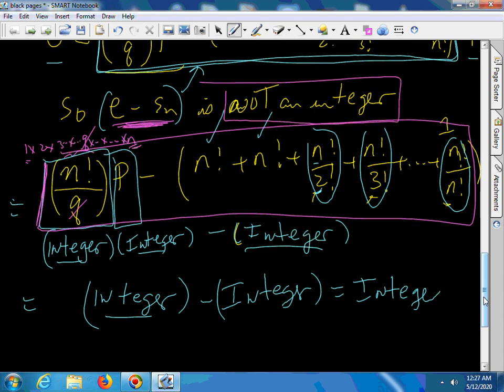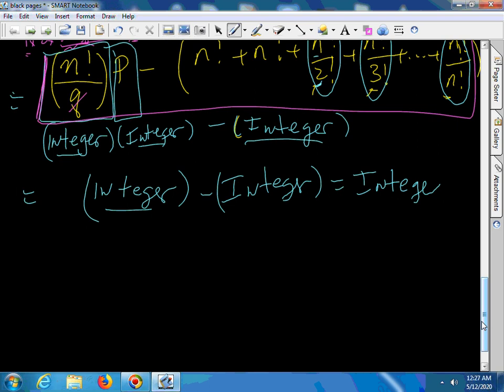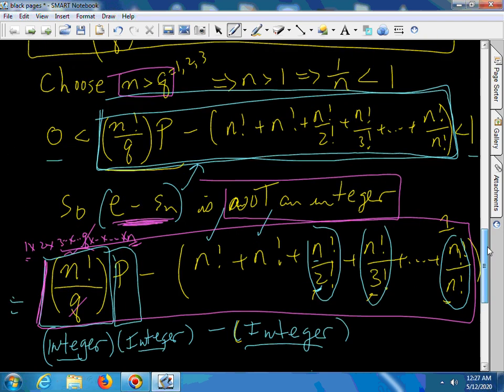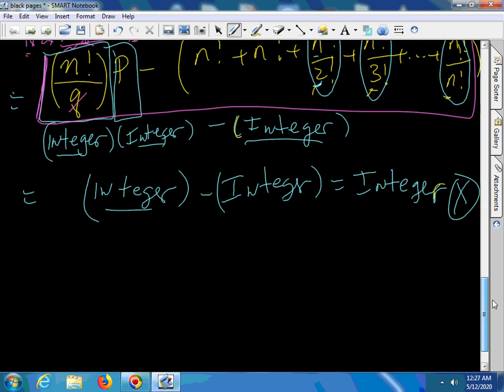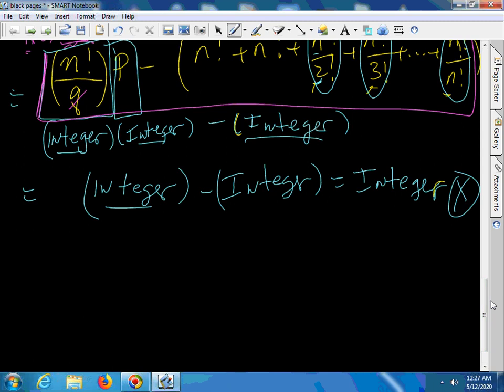That's a contradiction. That is our contradiction right here. We can have e minus Sn being both an integer and not an integer.